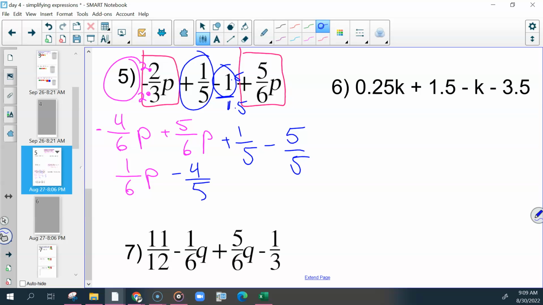Our denominator was 5. Is there anything else we can do to this? We can't simplify these anymore. We don't have any like terms. This would be our final answer. Before I let you practice them, do you have questions on how we got that process, anything like that?